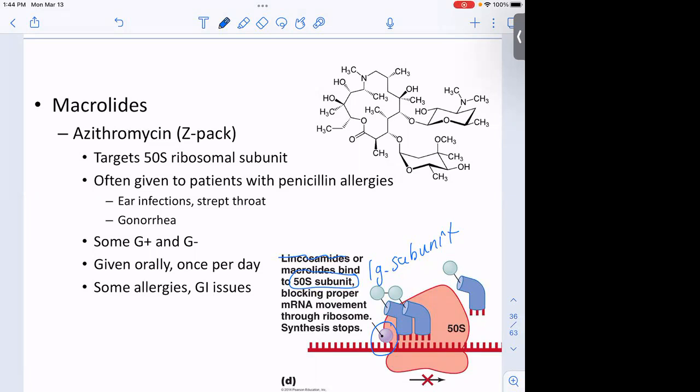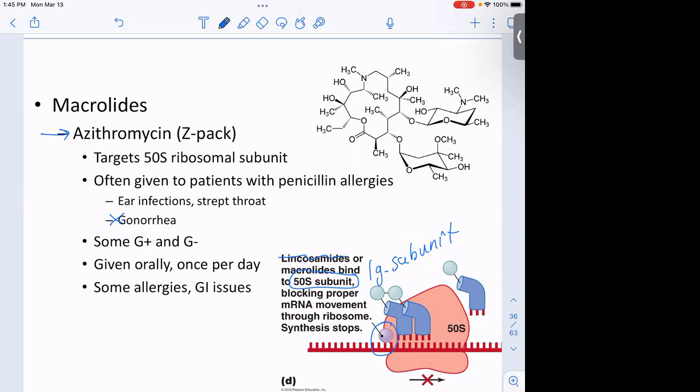There's a couple different macrolides in this class that you may have heard of. Azithromycin is very commonly used now for things like strep throat and ear infections. Again, right now, we've stopped using this for gonorrhea. Gonorrhea is an infection that, if you follow the antibiotics that we've used over the years, we have to keep switching because the bacteria that causes gonorrhea is becoming resistant to it.